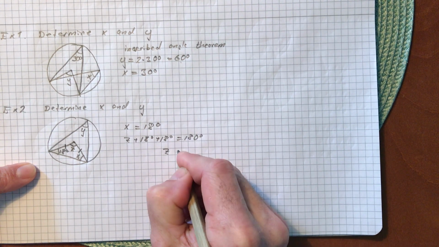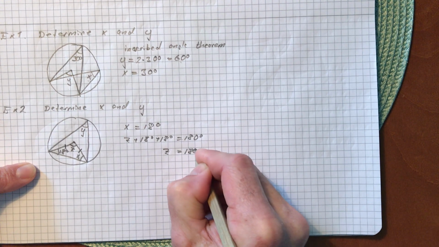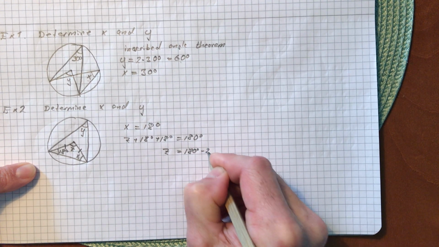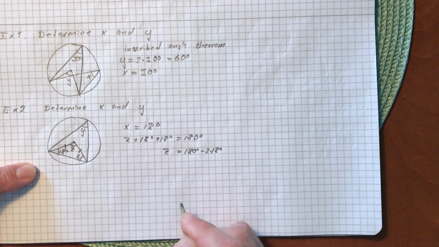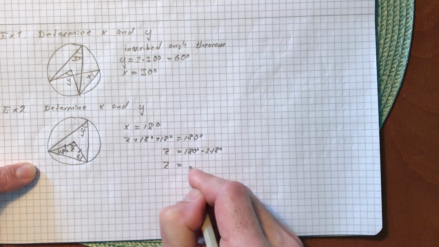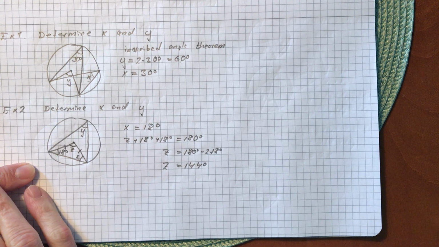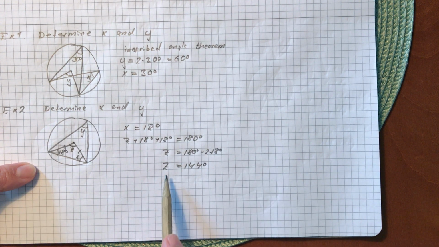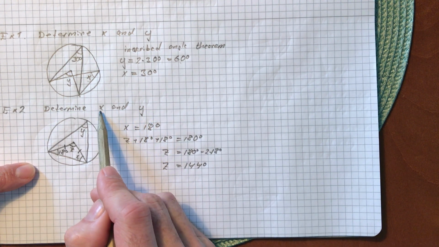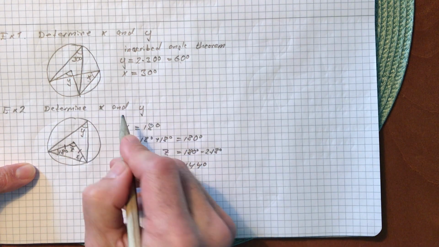So Z has to be 180 degrees minus 2 times 18. So Z is equal to 144 degrees. Okay, I didn't ask for Z. I want you to tell me what x and y is.